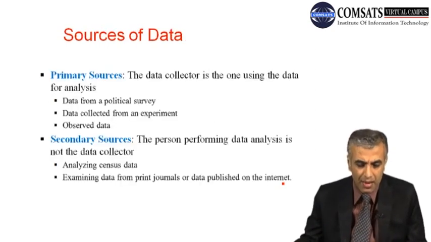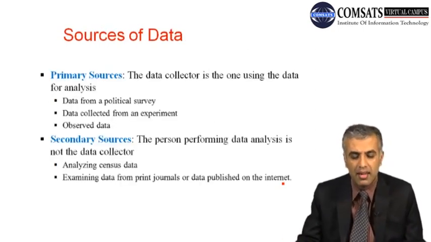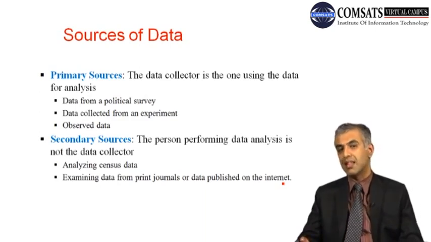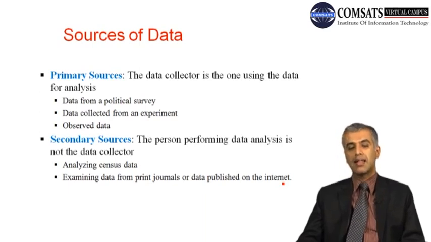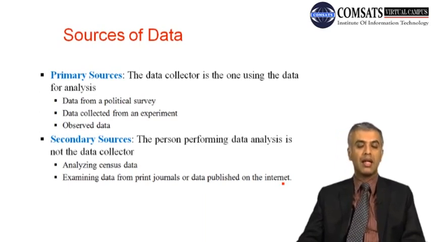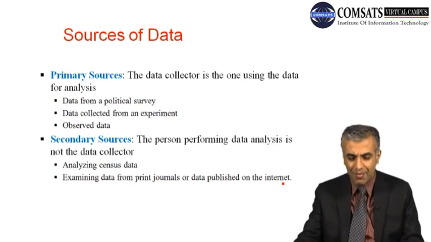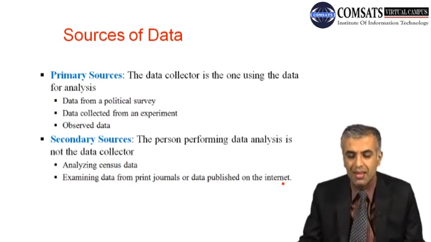So then we had a discussion on the sources of data. What are the sources from which such kind of data is collected? Primarily there are two types. One is primary source and the other is secondary source. In this case, the primary source is basically the observed data, as it is collected from an experiment or from a survey.